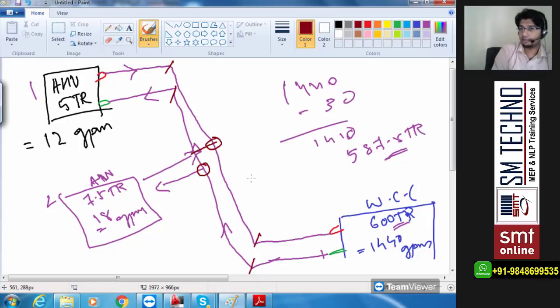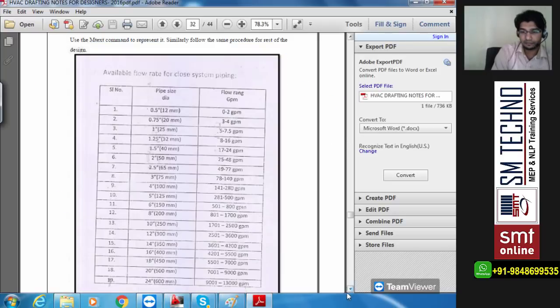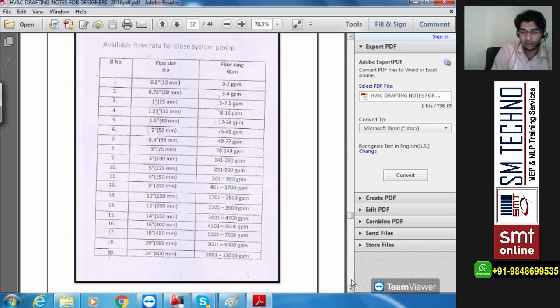Now from the table on page number 30, what you have to tell me is look for the table and search for the 1440 GPM range and tell me what should be the riser pipe size. I'm going to open that again. Look for the 1440 GPM range and tell me what should be the pipe size in terms of mm, not inches. 200 mm.